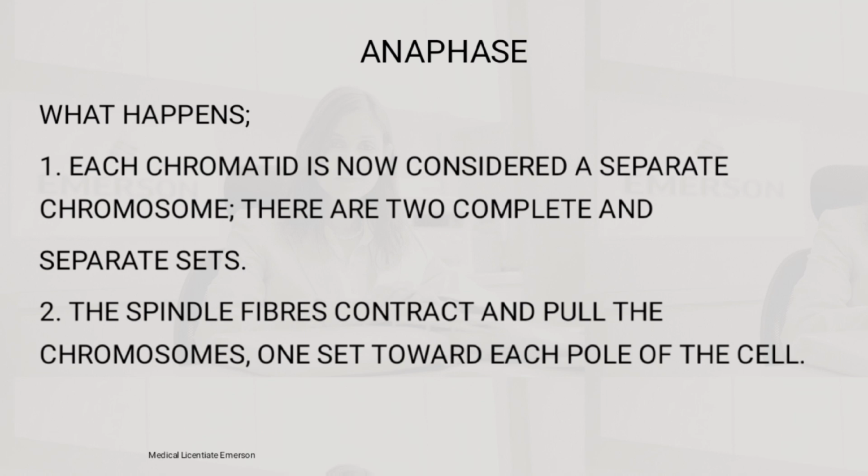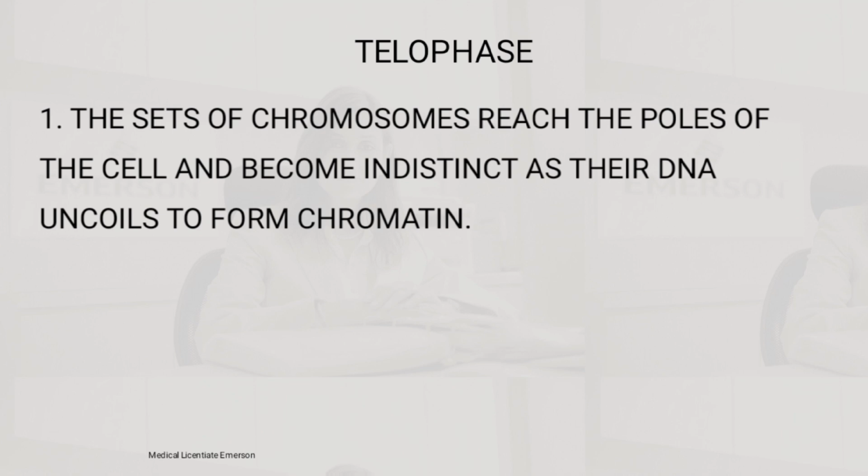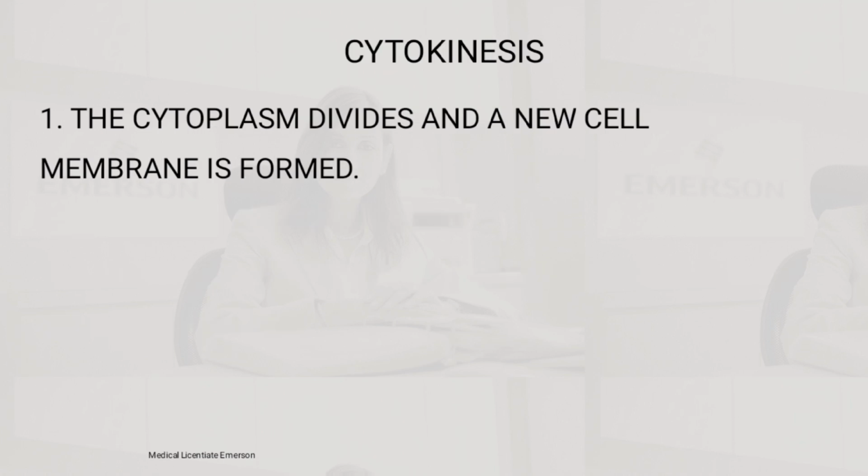Then in telophase, the sets of chromosomes reach the poles of the cell and become distinct as their DNA uncoils to form chromatin. A nuclear membrane forms around each set of chromosomes. Then in cytokinesis, the cytoplasm divides and a new cell membrane is formed.